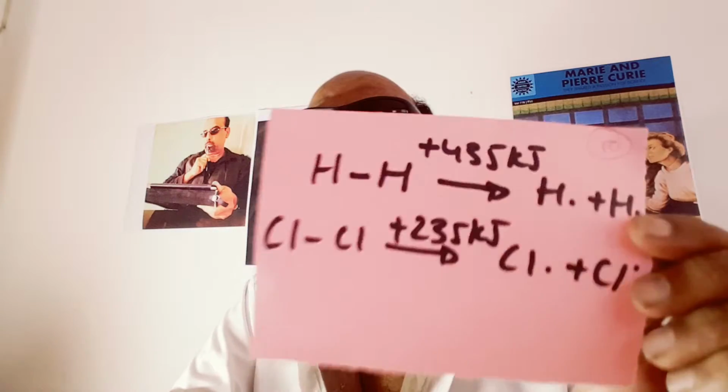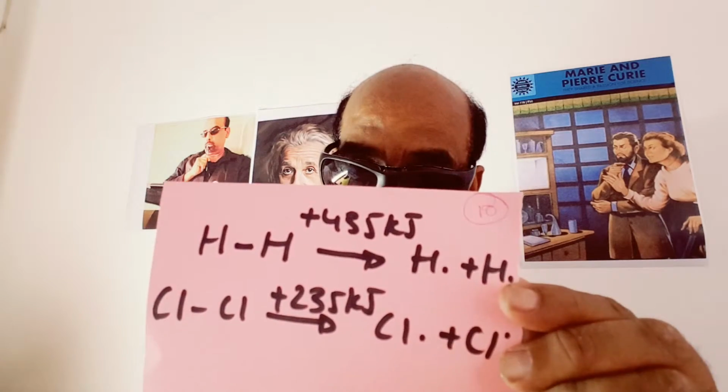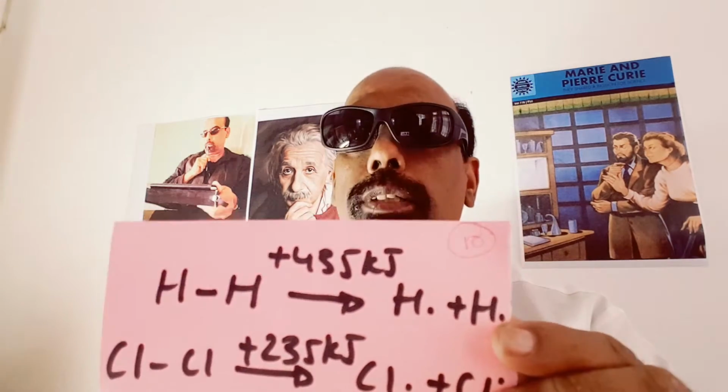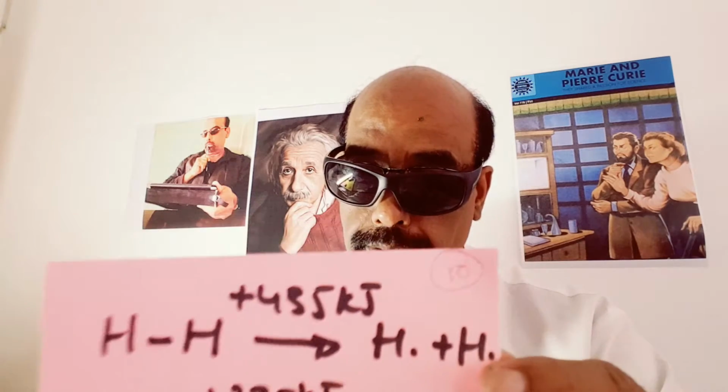The energy required to break this bond is known as bond dissociation energy. The bond dissociation energy for hydrogen is 435 kilojoules and for chlorine is 235 kilojoules.